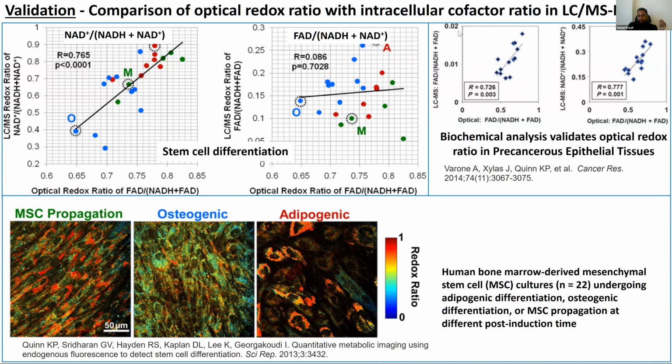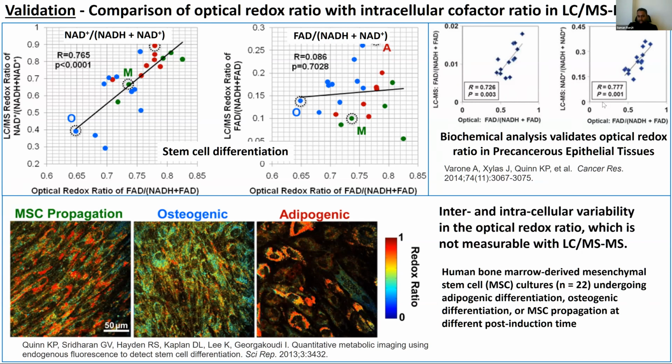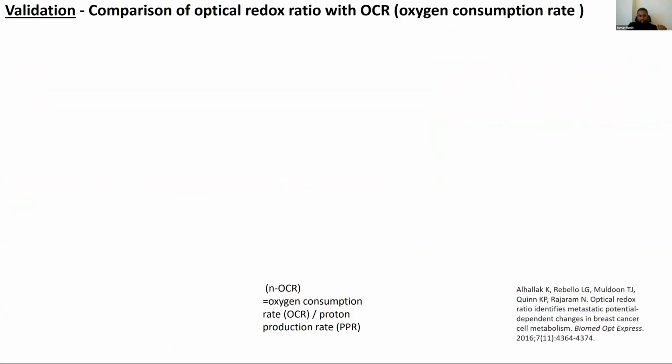But if you look at, again, the LCMS versus optical redox ratio, you see a very high degree of correlation. So you see the similar thing. And like I mentioned, with those LCMS measurements, you don't have inter and intracellular variability, which you can see here because it's an optical imaging technique to start with.